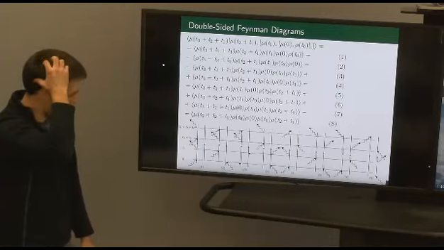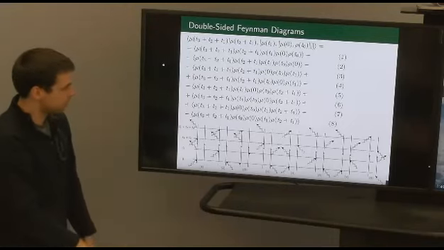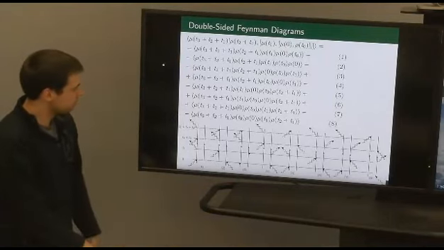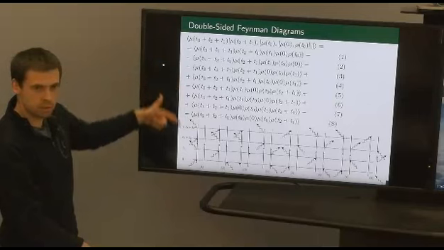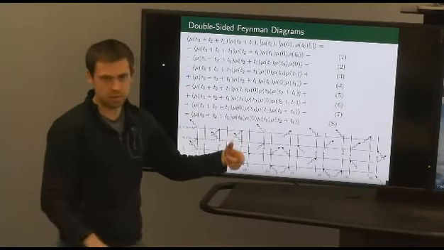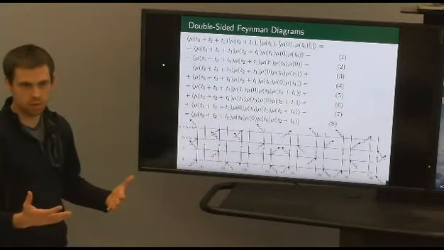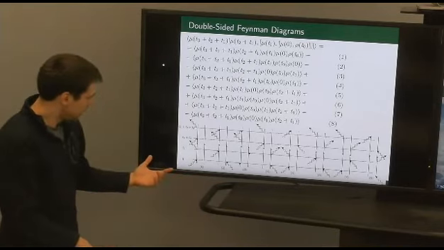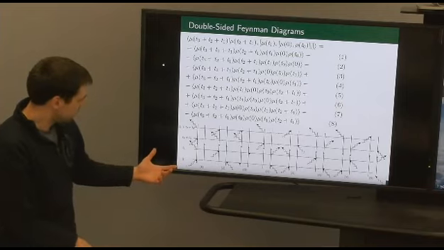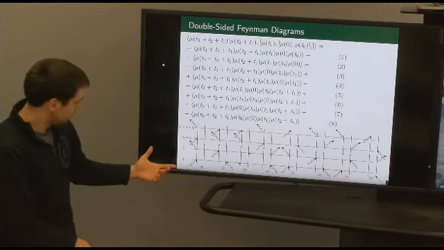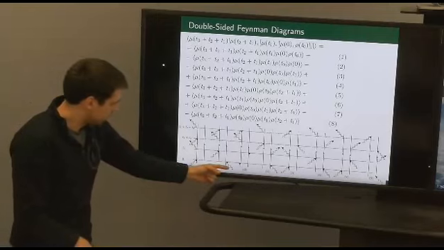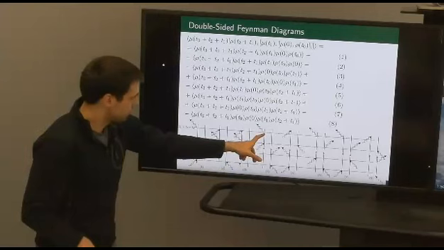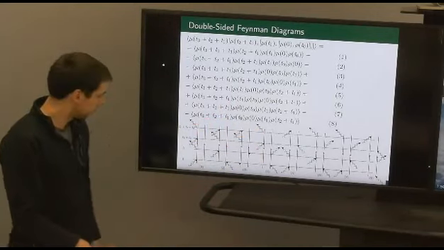There are many rules of how Feynman diagrams are constructed, but what they do is they help you keep track of all these terms that you get. So for example, before you go and calculate all these terms, you can draw your Feynman diagrams and see which ones are relevant. For example, diagrams like this one will give no contribution, because a pulse has to leave the system.